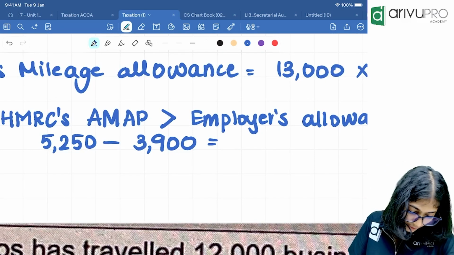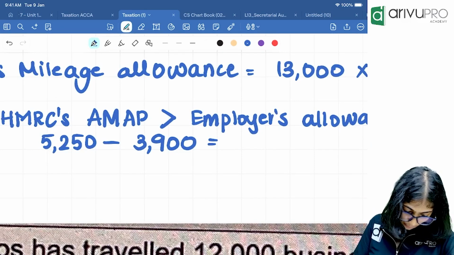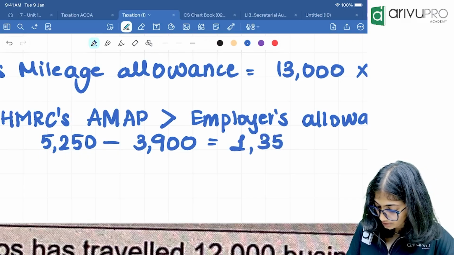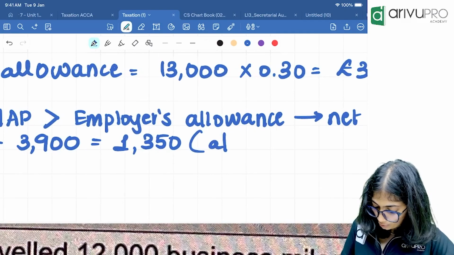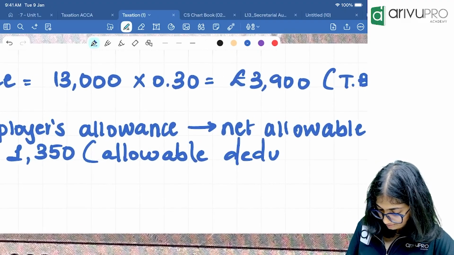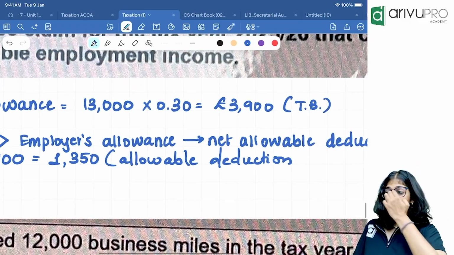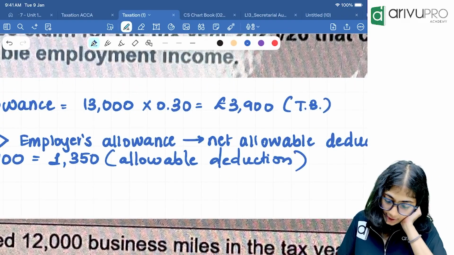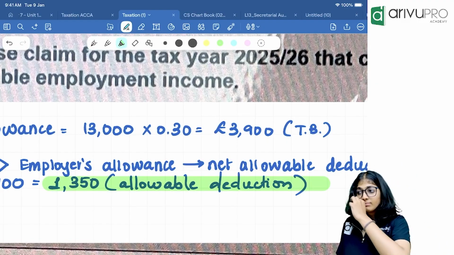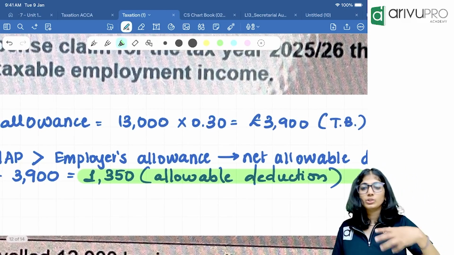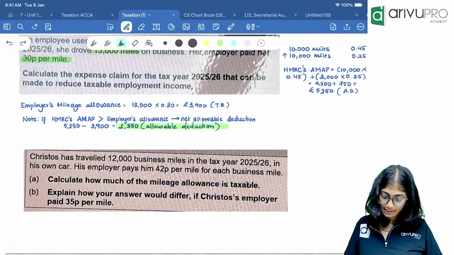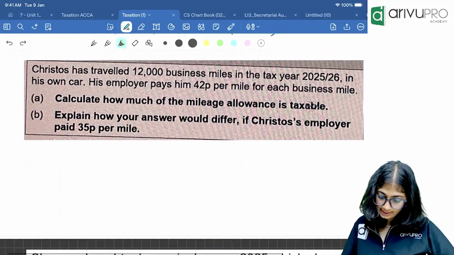The remaining amount, that is 5,250 minus 3,900, 1,350 pounds, is going to be an allowable deduction, because whatever allowance the employer has given you is not sufficient. You have to follow HMRC only. 1,350. Let's look at a similar question just like this and then we will end the class.